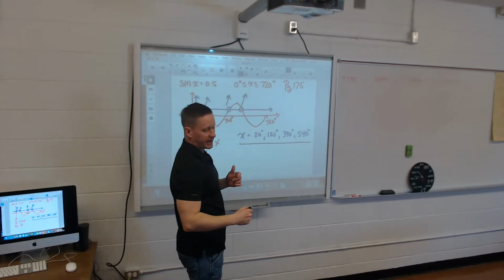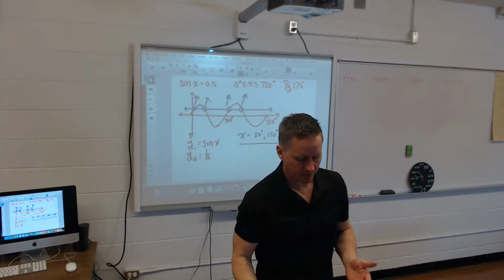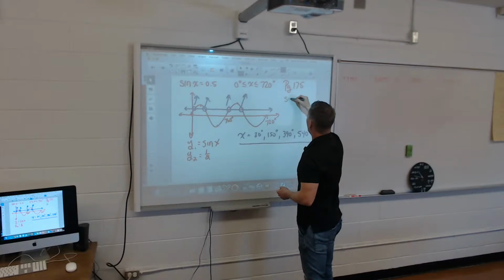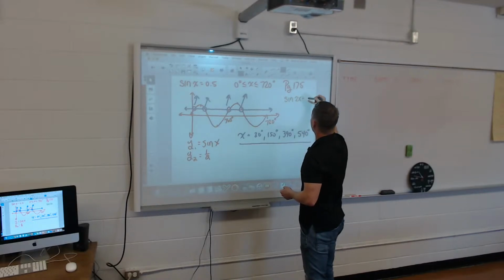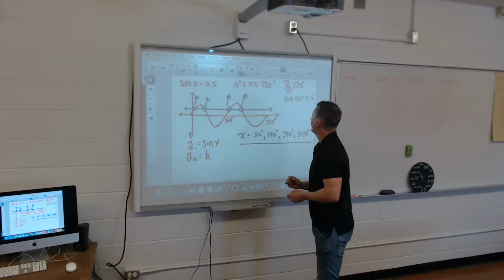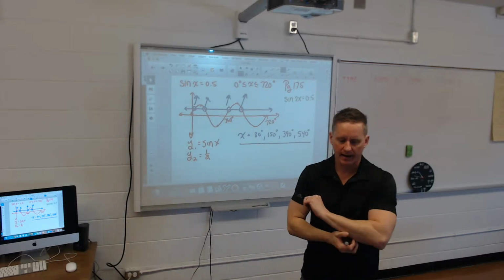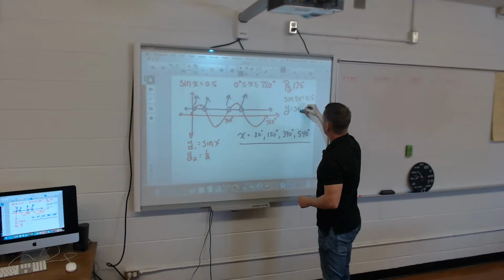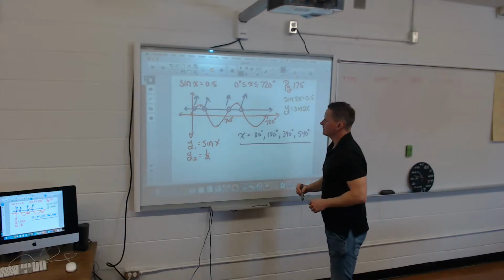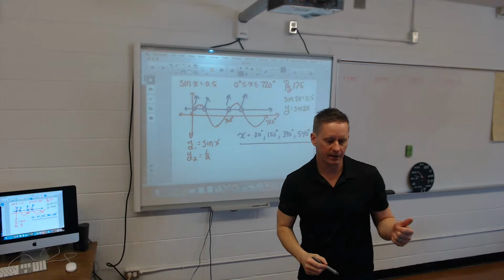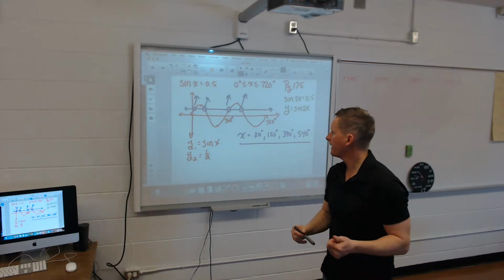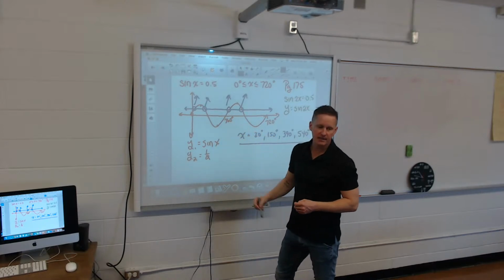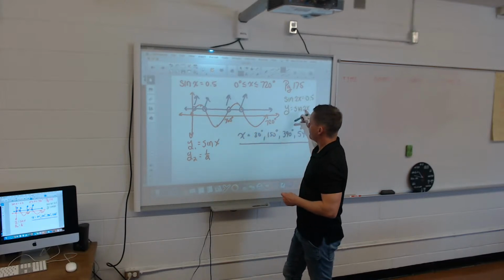Now, just look at B now. B has a change. It has this here. I'm just showing you this on this graph, but I'll show you how to do it again in a second. So look at sine 2x. How does the 2 affect my sine 2x graph? Well, instead of this being 360 degrees, the period changes.